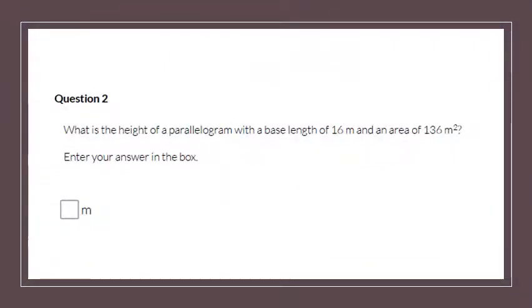Okay, what is the height of the parallelogram with a base length of 16 and an area of 136? So I'm just going to plug in what I know.